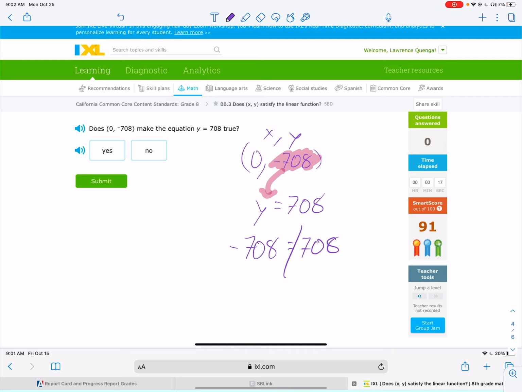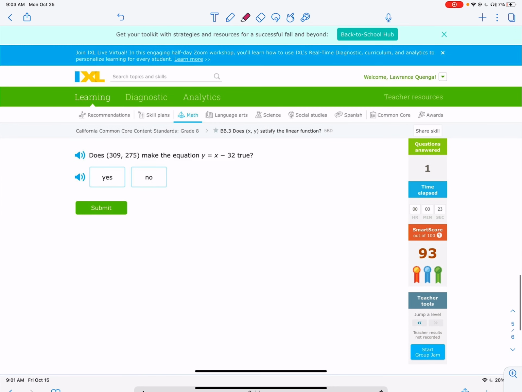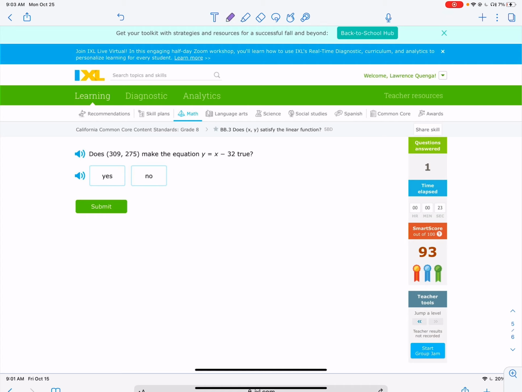Those don't equal each other, okay? So I'm going to put no. Negative 708 and 708 are not the same. That is clear. All right, let's do one more here.